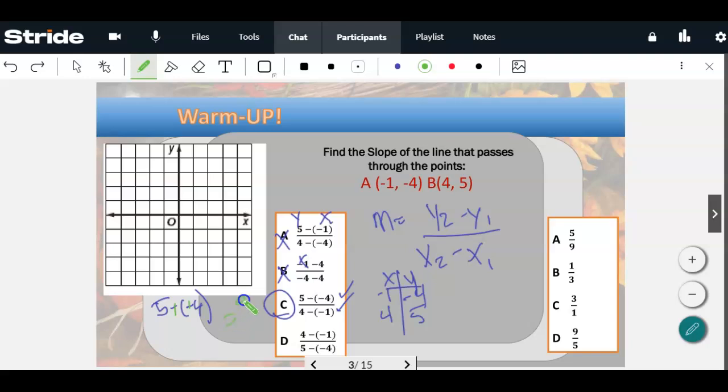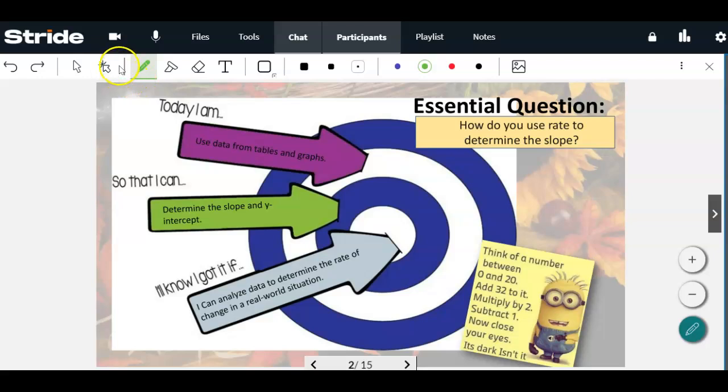So that's 9. And then the change in x is 4 minus -1. Again, integer rules, plus, positive, over 5. So the slope is 9/5.